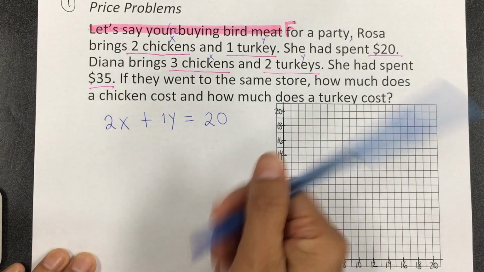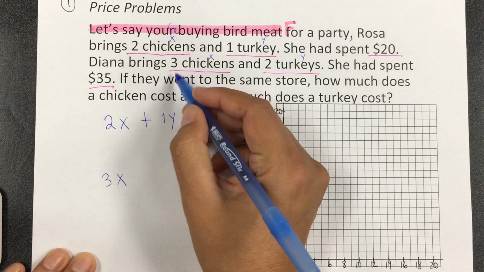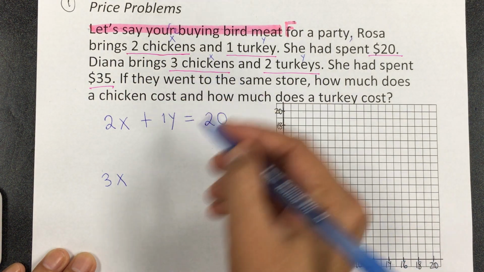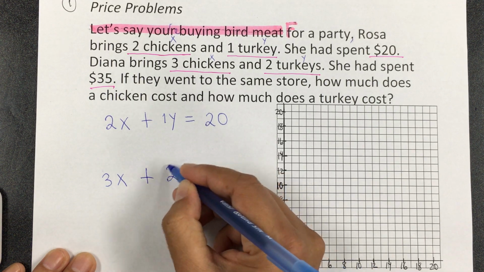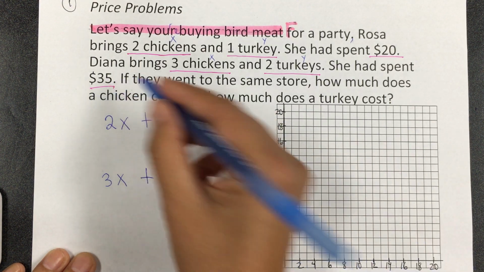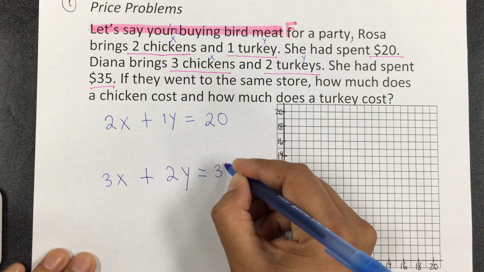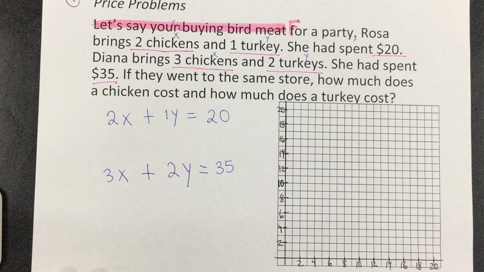For Diana, it's going to be 3X, the 3 chickens multiplied by the price of the chickens, plus 2Y, the 2 turkeys multiplied by the price of each turkey, and all together is $35 for those.